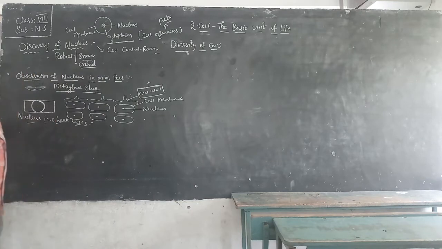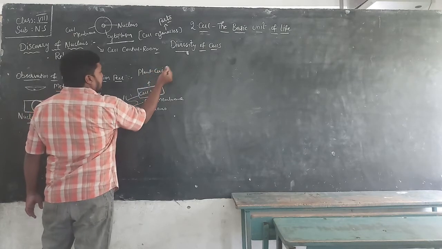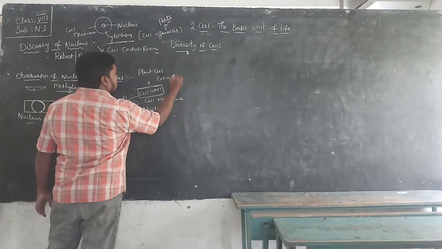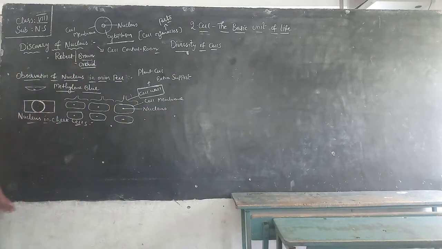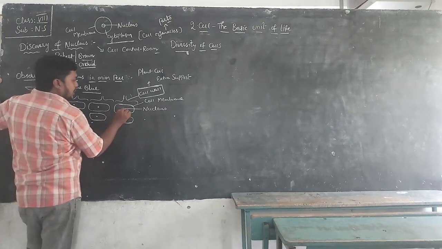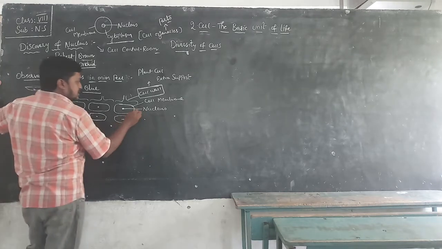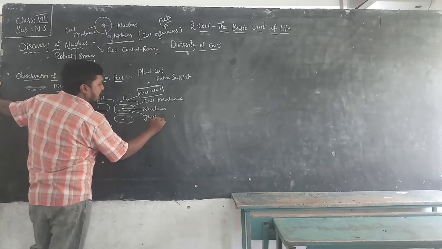Cell wall is an additional layer which is only present in plant cells, absent in animal cells. This cell wall will give extra support to the plant cell. So here we can find the nucleus, a blue colored dot present in the center of the cell, and the jelly-like substance called the cytoplasm.